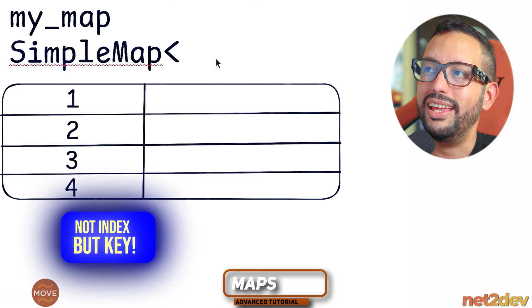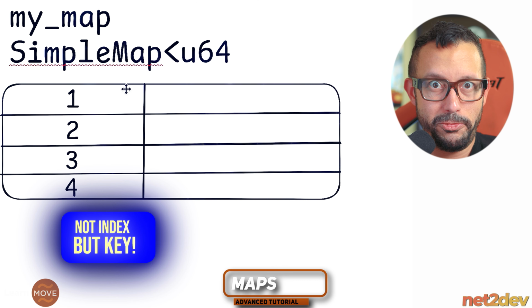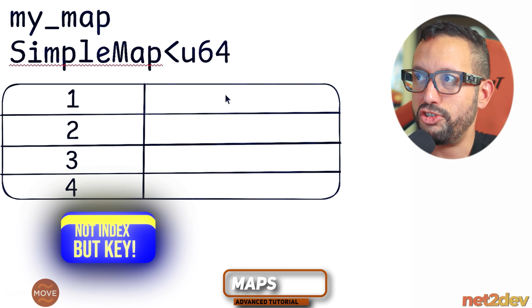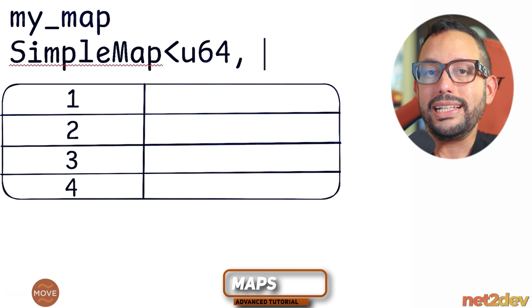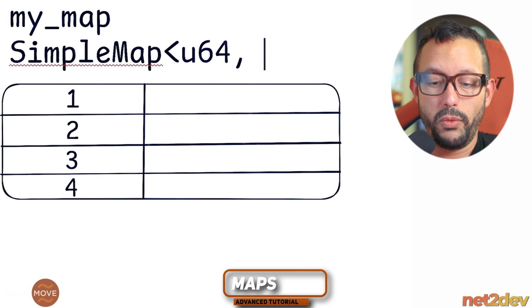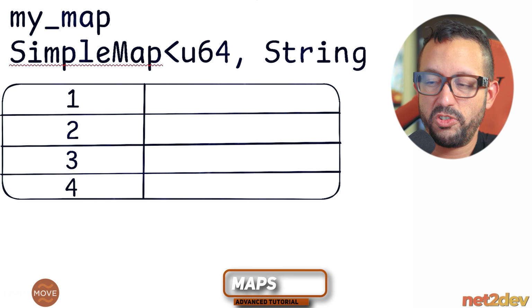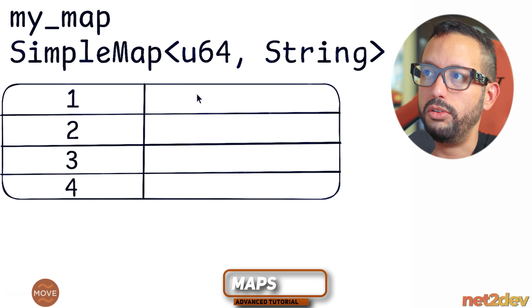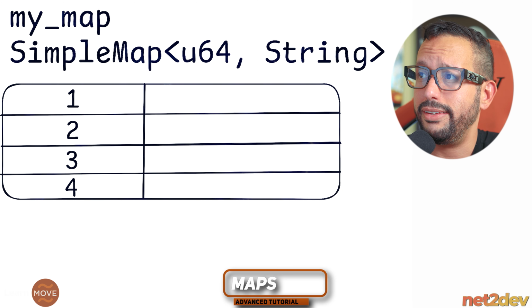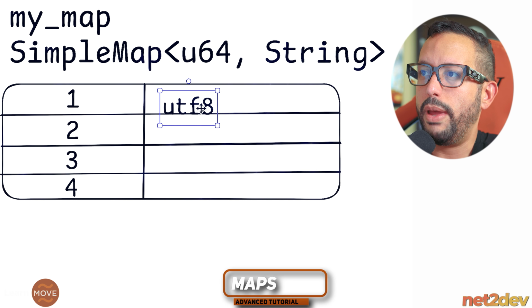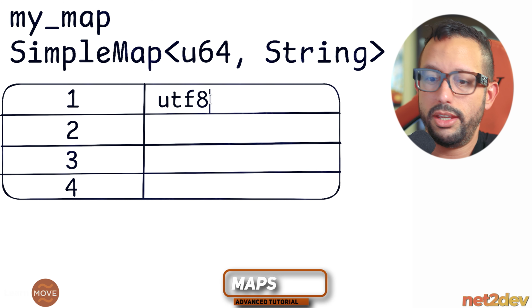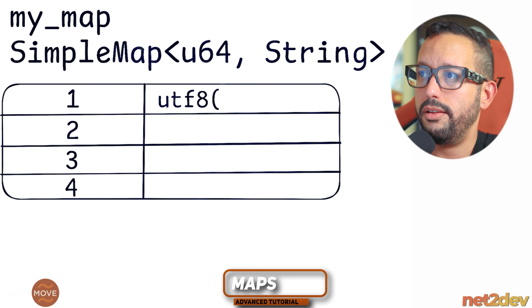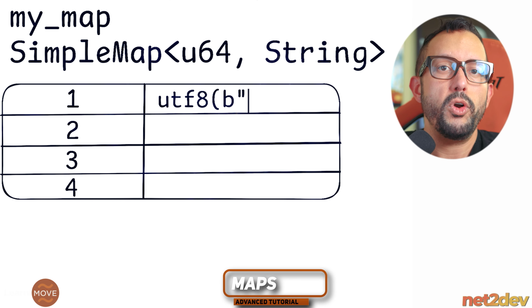So let's say the index is going to be u64. This will be the integer for each key, and then the value. And we are saying that we are going to store strings. Look at that, u64 the key, and String will be the value. So I can pass inside here, I can say UTF-8, so we're passing strings, and I can say b, and then let's say I'm working with countries.